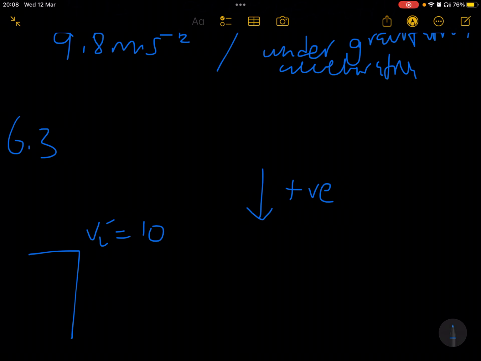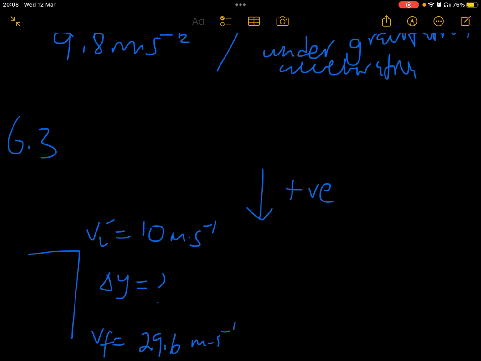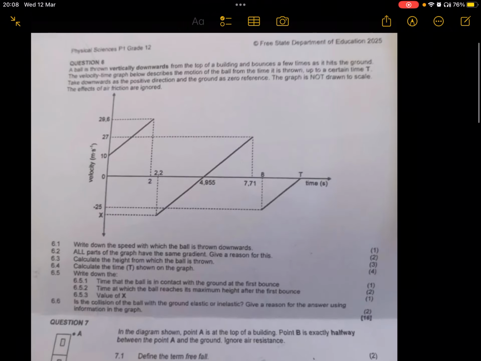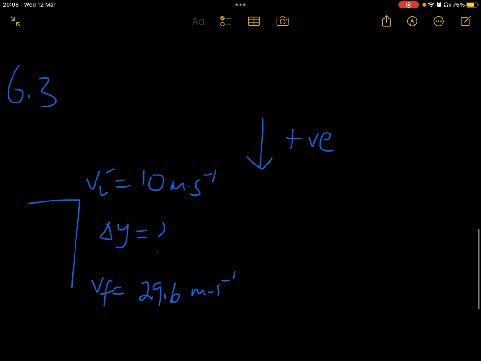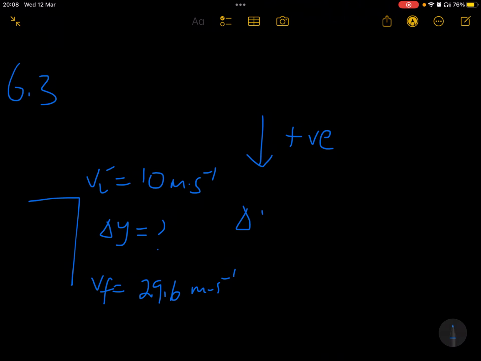From the graph, it hit the ground with a final velocity of 29.6 meters per second. We are looking for delta y, and the time it took. Let's check the graph again. The time it took for the whole thing to happen, for it to hit the ground, was 0 to 2 seconds. So the time taken here is 2 seconds.